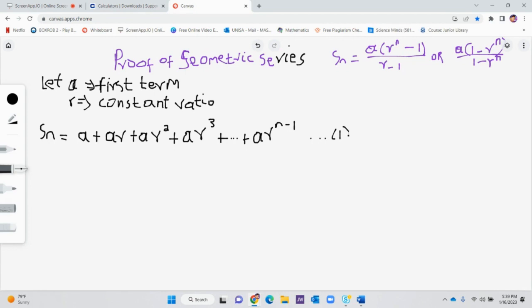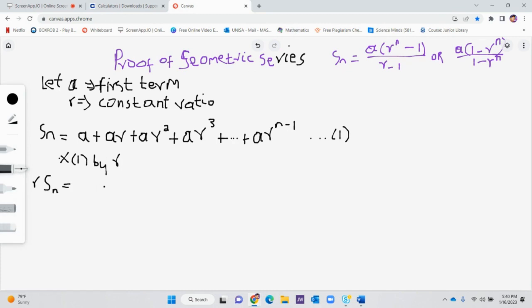The next step, you multiply equation 1 by r. So Sn times r is going to be equal to rSn.